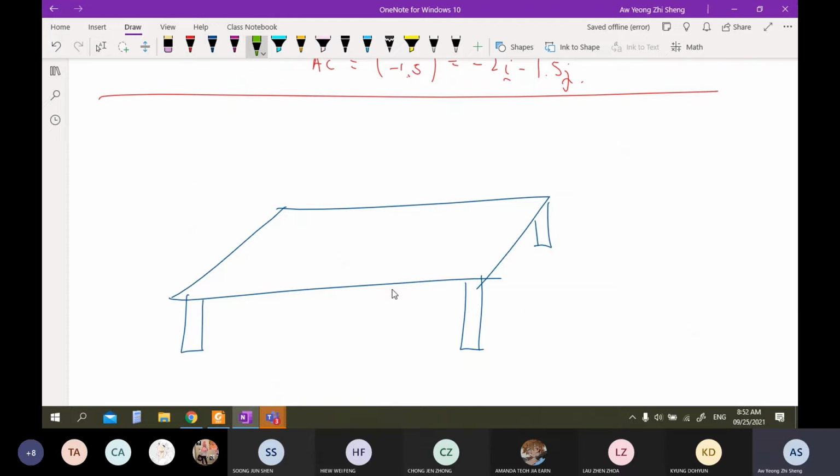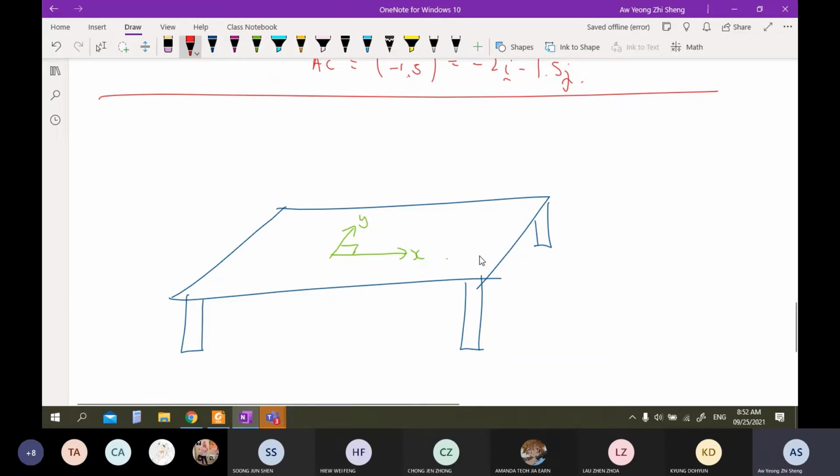Then you have your x-axis on the surface of the table. Just imagine you put a pencil on the table surface, and the direction of your pencil represents the x-axis. Then you also have another pencil on the table, in this direction, and that will be the y-axis. Both the x and y axes are on the table surface, and you have 90 degrees here.